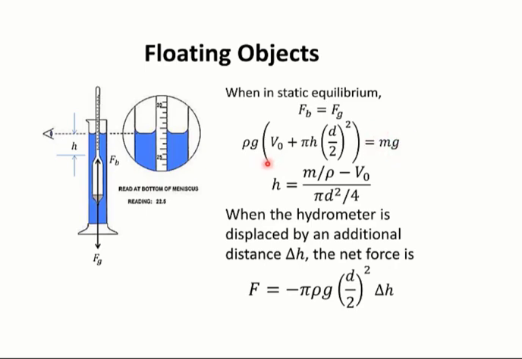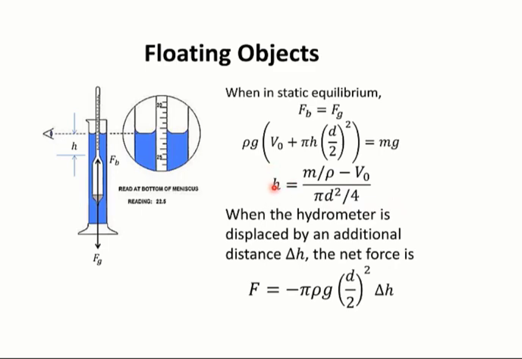Now, typically for a hydrometer, you tend to find out this rho, the density of that liquid, from the other quantities. Okay, for our case, let us find out the expression for this height h. So after rearranging this equation, you should get this expression here.